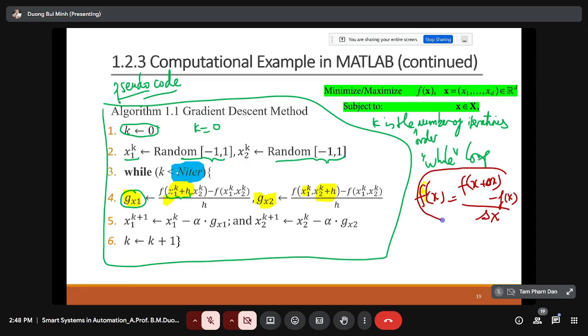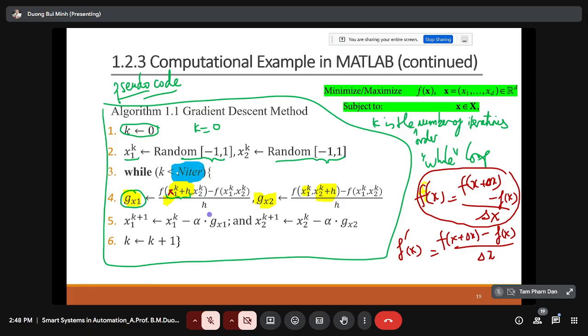Do you remember this one? This is the formula from the Taylor series. Now look, we have two variables. So when we update x1, we keep x2. When we update x2, we keep x1.